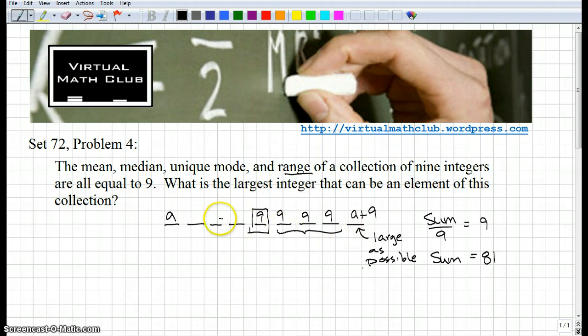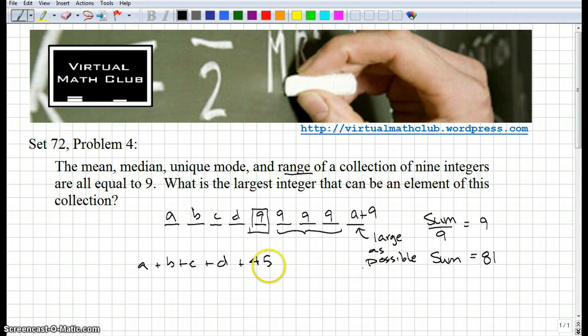All right, and then we don't know much about these other ones, but we want them to be as small as possible, right? So let's just call these A, B, C, and D. All right, so we also know the sum of these numbers. So if I take A plus B plus C plus D plus, okay, I've got 4 9s, right? So that's 36. But then I've got another 9 over here. So that's 45.